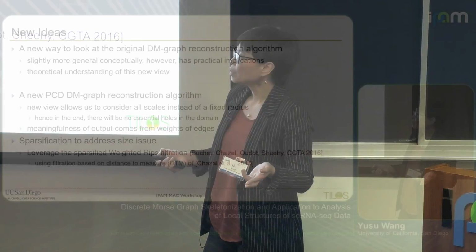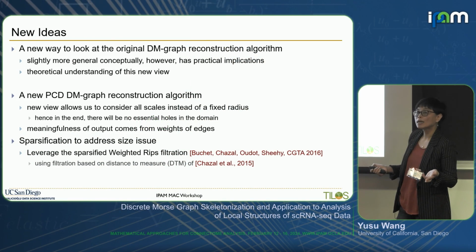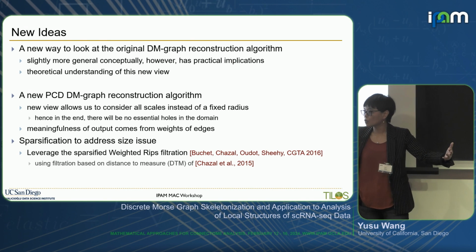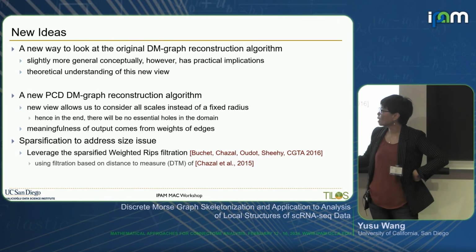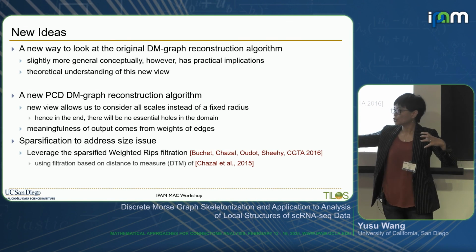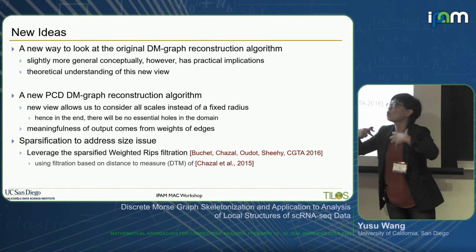We're going to use one called the sparsified weighted Rips. For very high-dimensional data, we heard that Rips can be very expensive as your radius becomes large. This one brings in sparsification: as your radius becomes larger, you also look at your data at a coarser scale.